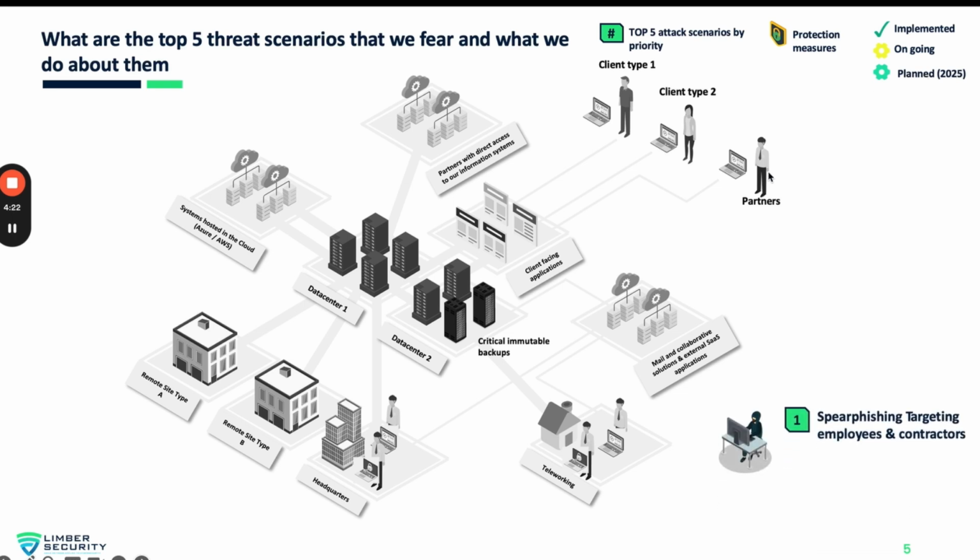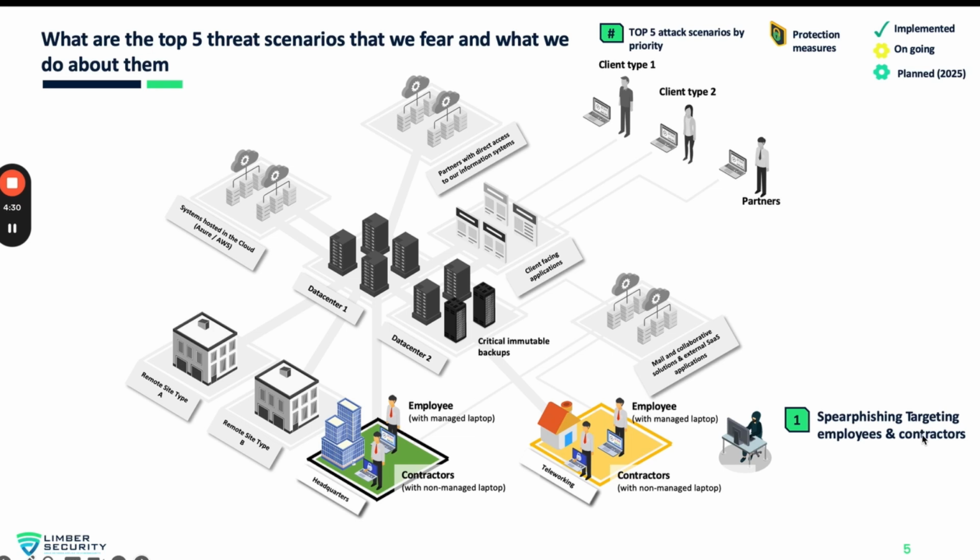The first one that you could use in terms of threat scenarios would be spear phishing that is targeting employees or contractors. So here we would have them in the headquarters and the teleworking. And since we are talking about spear phishing, we will also be showing the mail and collaborative solutions that are used.